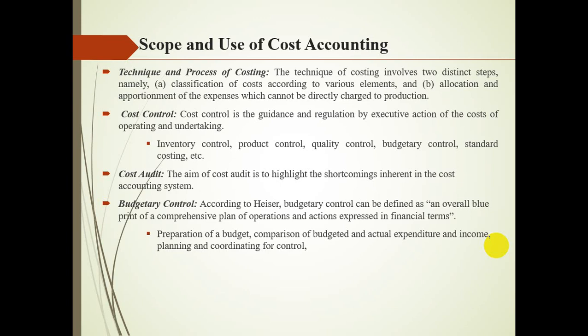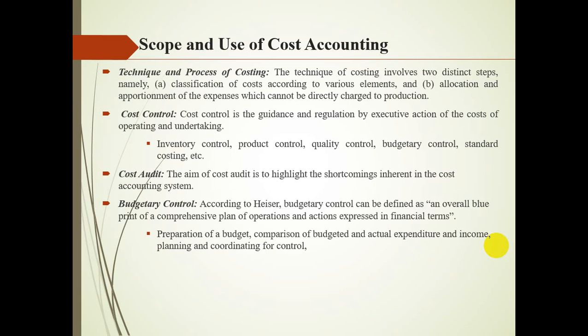And then we have budgetary control. Budgetary control is the comparing and controlling of your budget according to the plan of your operations and actions. We have defined a budget, so now how do we control it? We define the plan, and then we take actions and proceed according to the plan.